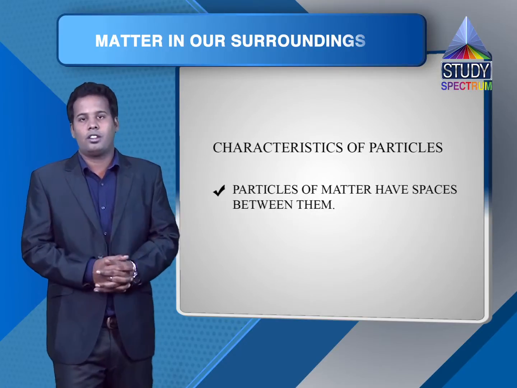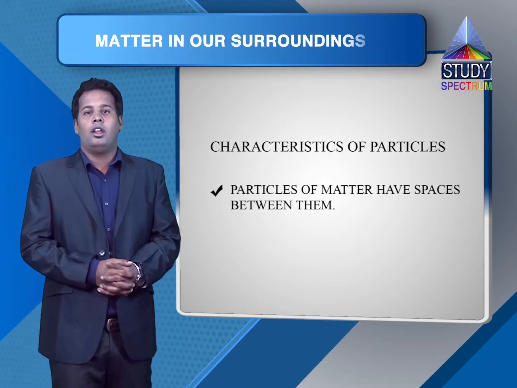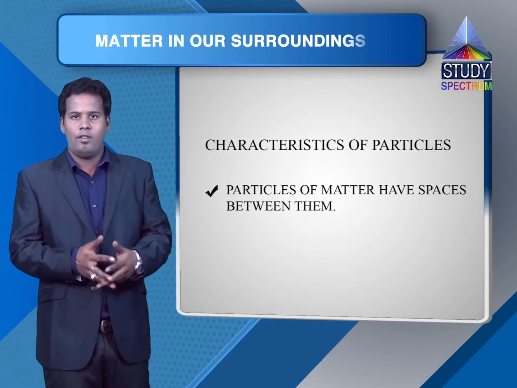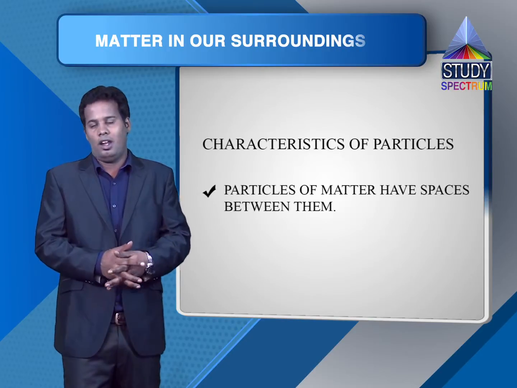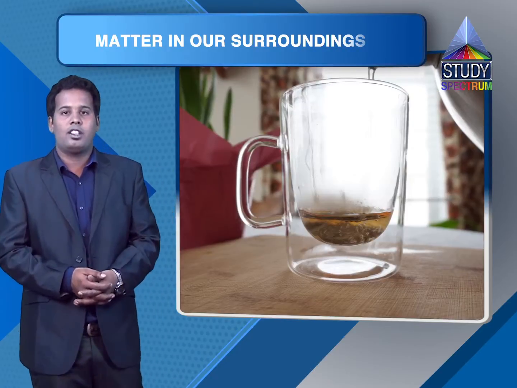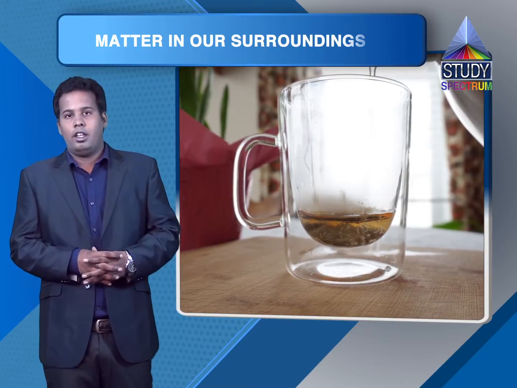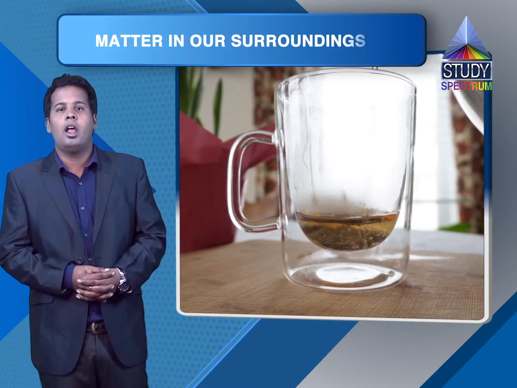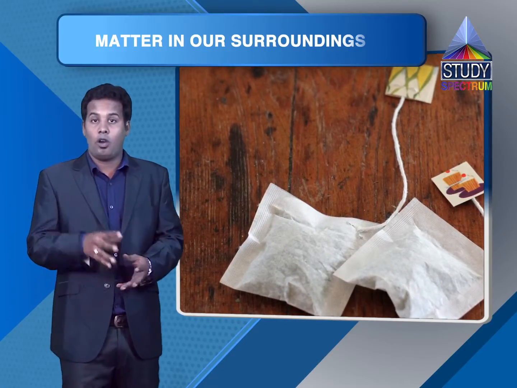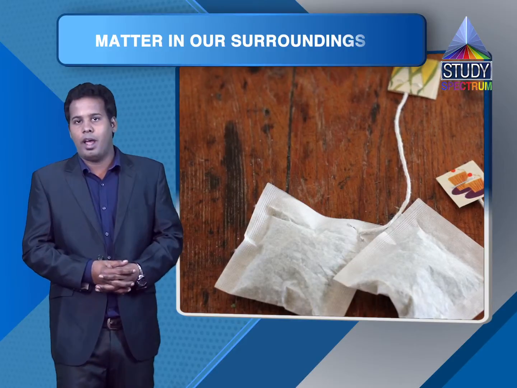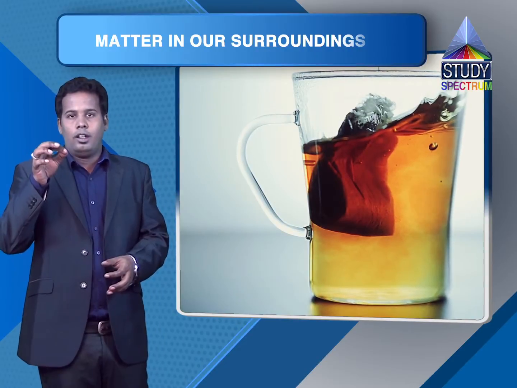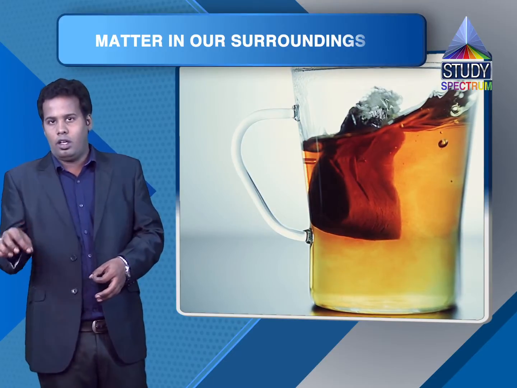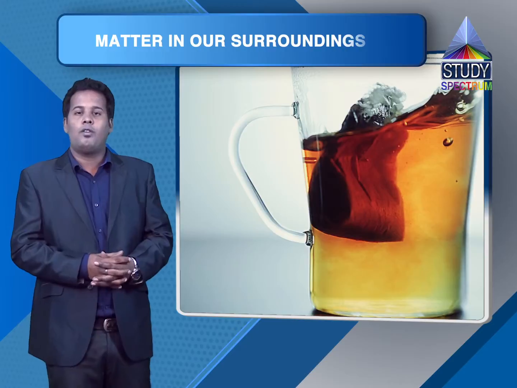The very first characteristic of particles is that these particles have spaces between them. How? We have just taken the example of copper sulfate. Let us take some different example. You might have seen, if you have boiled water in a cup, and you have a tea bag or coffee. Let us assume we have a tea bag. If you dip that tea bag and move it in that boiled water in that cup, what will happen?